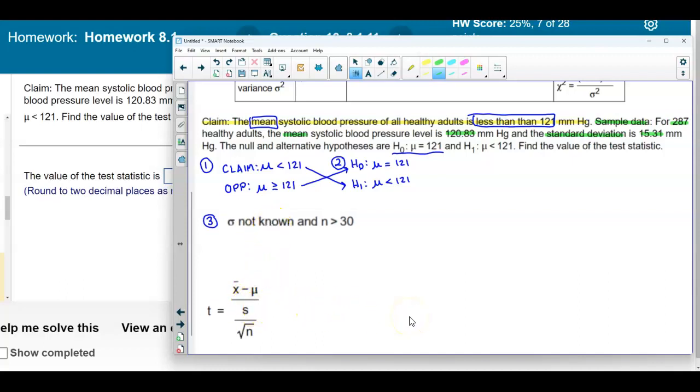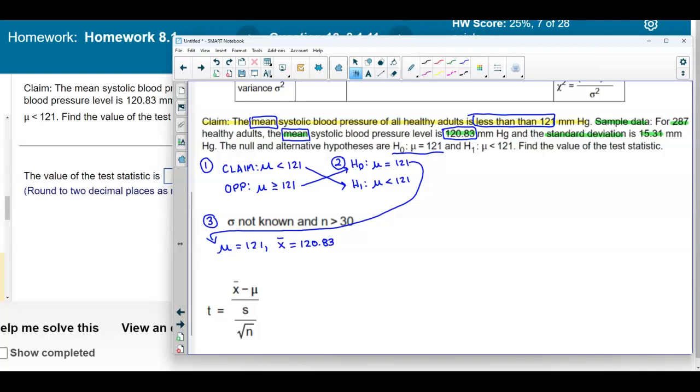Okay, so now in order to find the test statistic, what we need to do is write down the given information. Well, we know from the null hypothesis that the population mean is equal to 121. And we know that the sample mean, x bar, is equal to 120.83.